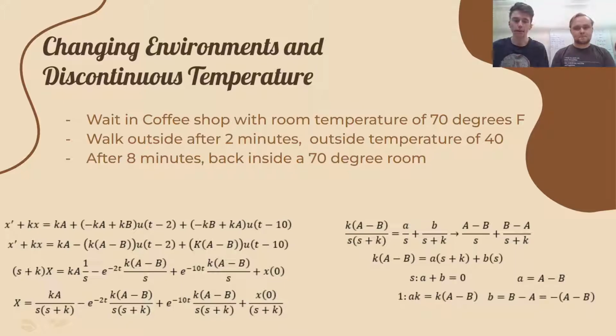And then on the right side, both similarly have the Ka minus b over s plus k. So we can solve using partial fraction decomposition to get the appropriate little a and little b for both of those. A being a minus b, and b being the negative of that, similar to the previous slide where it was a and negative a.